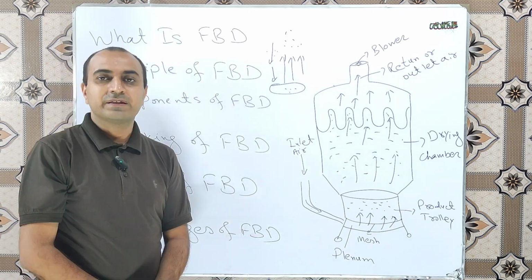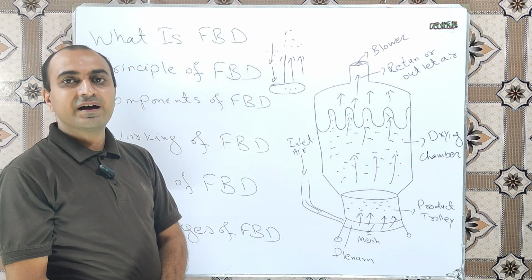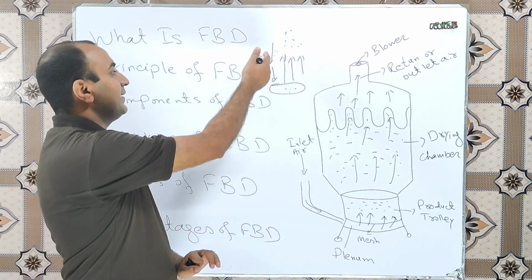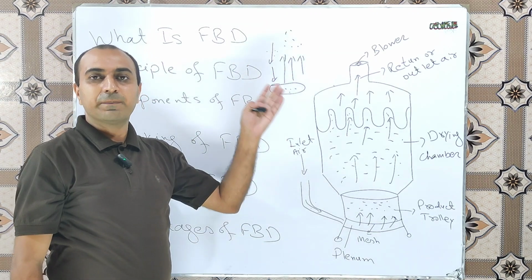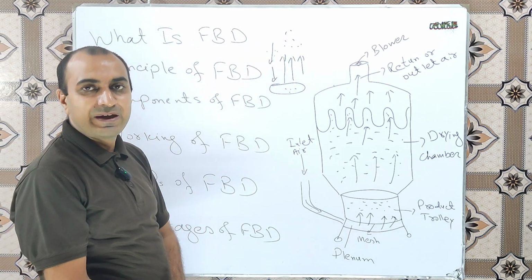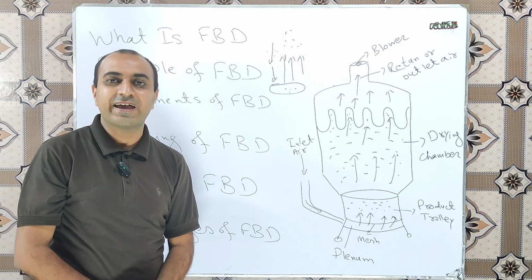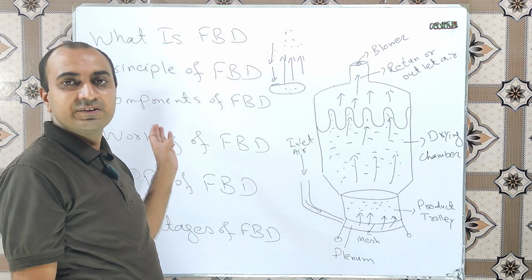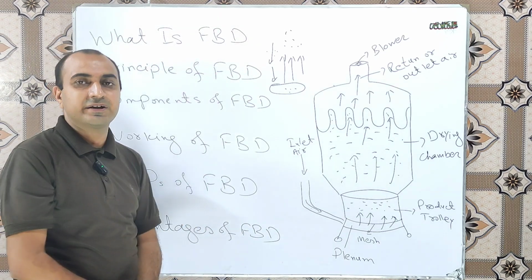In simple words, the air pushes our product upward at high velocity and its settling velocity is less, so the particles or our wet product remain suspended in the drying chamber. This process is known as fluidization, and it is the basic principle of the fluidized bed dryer.